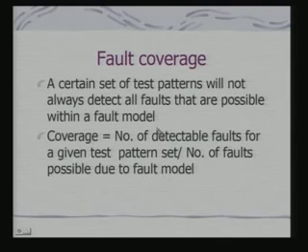So, coverage is 1 if we have tested with all possible test patterns, and then I can cover all possible faults that can be there because of a particular fault model. But for the purpose of efficiency, we would like to use a coverage which is as close to 1, but may not be really 1. Our objective would be to select a set of test patterns that may be small enough and give high coverage.